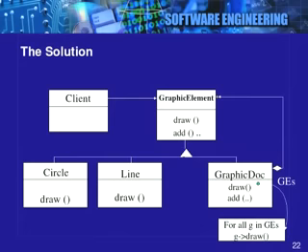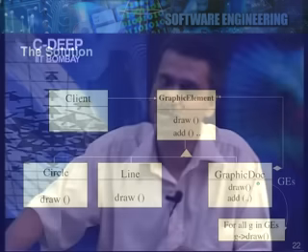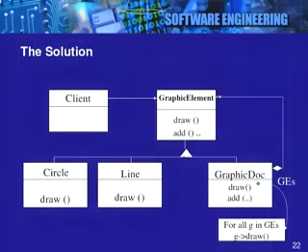So this is how you can represent the design of your tree structured graphical document. These are your leaf level classes, and these are the intermediate graphical documents which are compositions, and the client handles all of them as graphical elements. If you delete a graphical element, if it's a graphical document, it should pass on this delete to all its components.